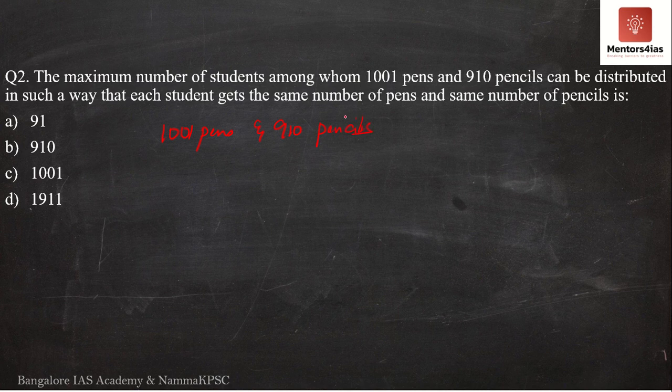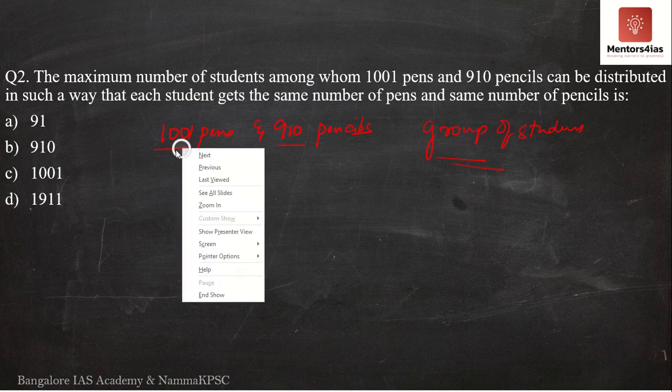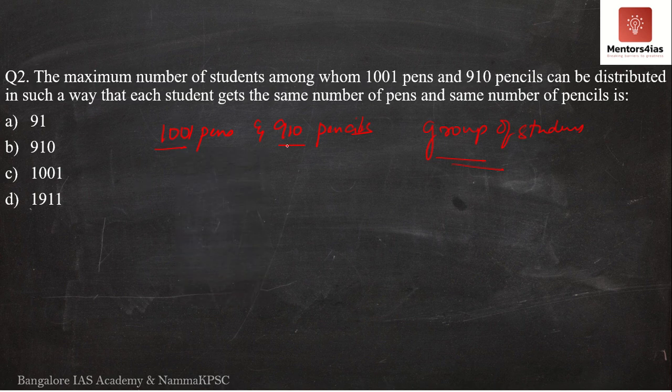So we have to form a group of students, and I have to distribute the pens between these group of students and also the pencils among these students such that every student will get the same number of pens, also equal number of pencils.